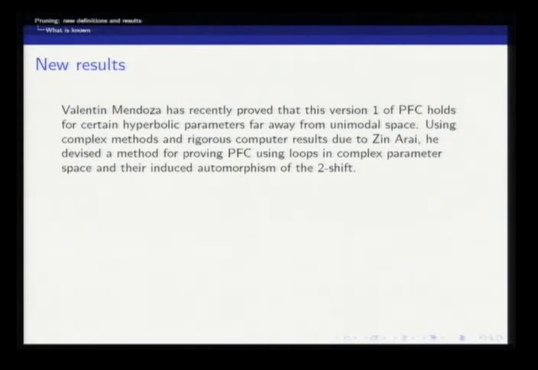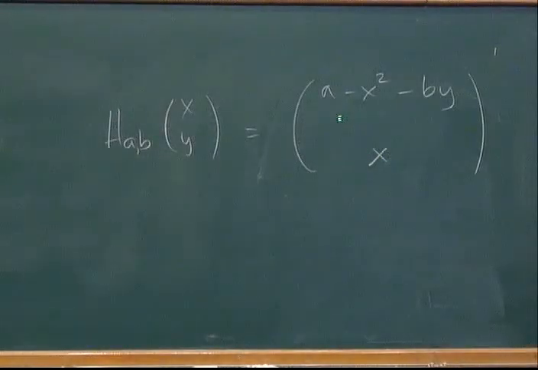Now, very recently, Valentin Mendoza proved some version 1 of the PFC, the pruning front conjecture, for certain hyperbolic parameters which are very far away from unimodal. As I said in the beginning, if you're perturbing the unimodal family, then you can prove it for hyperbolic parameters.